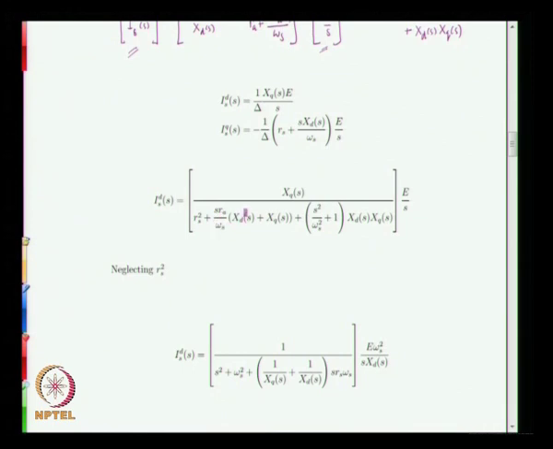So this becomes 1 over xq and 1 over xd, so that is what you have here, s into R into omega, and then this becomes s square plus omega s square divided by omega s squared, and so that s square plus omega s square is what is here, and when you multiply throughout by omega s square, the numerator here becomes s Ra into omega s.